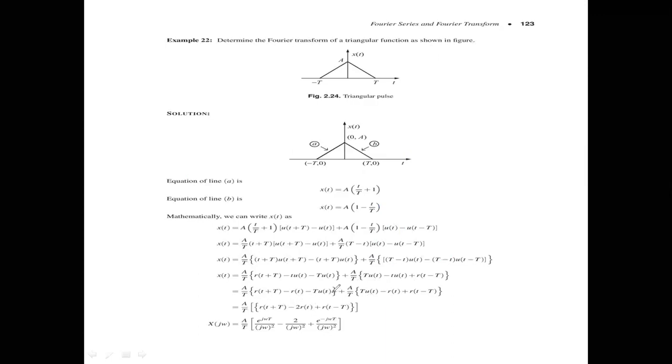And another one, a by t r of t minus T. And here the minus t mu of t and the plus t mu of t, both get cancelled. And finally we have only the three terms. One is r of t plus capital T, and r of t minus capital T, and minus r of t minus r of t is a minus 2 r of t.